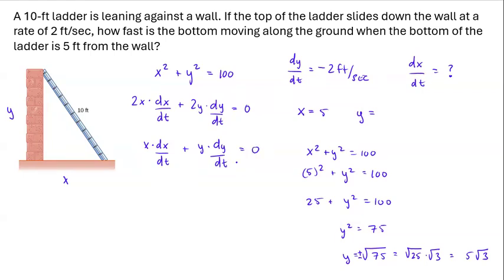And we can plug in each of the values that we know, or at this point, we could also rewrite this so that we're solving it for the component that we need. So that choice is up to you. You can do whichever you like. I'm going to rewrite this and solve this for dx/dt since that's what we're looking for. So I'll subtract the y dy/dt from both sides.